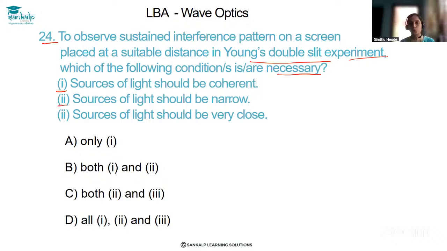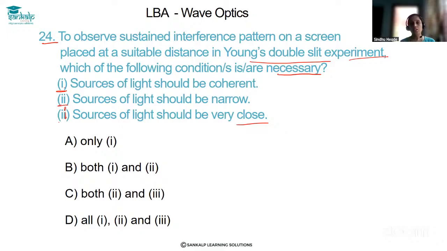Sources of light should be narrow. 3. Sources of light should be very close. We have to find out what are the conditions necessary to observe sustained interference pattern on a screen related to Young's double slit experiment.